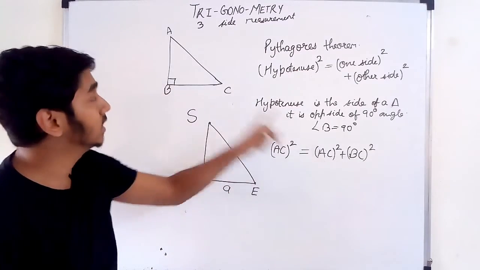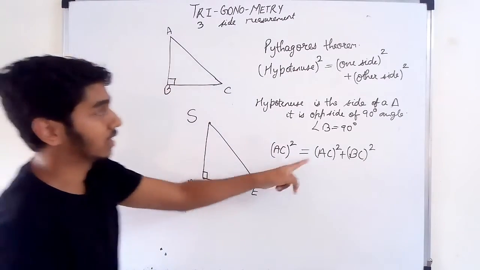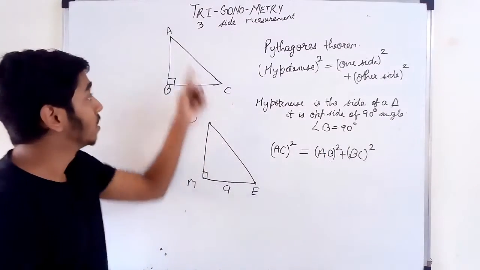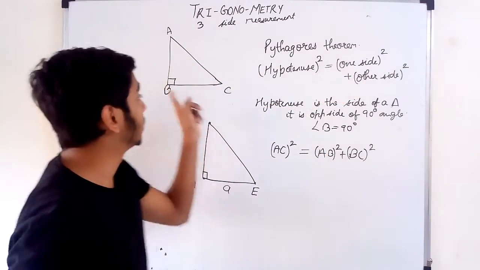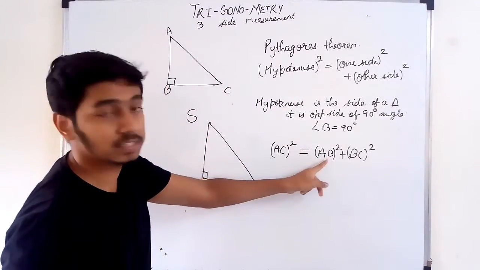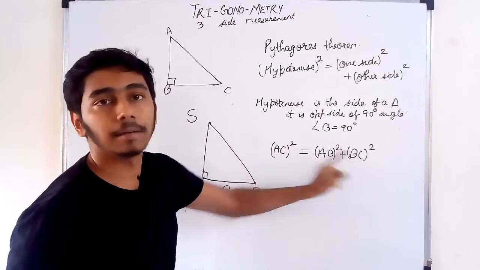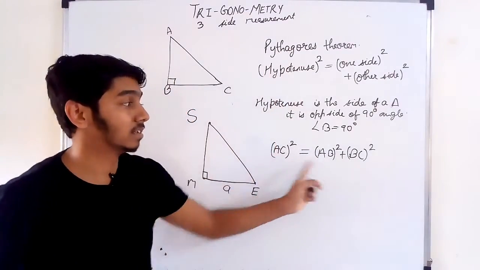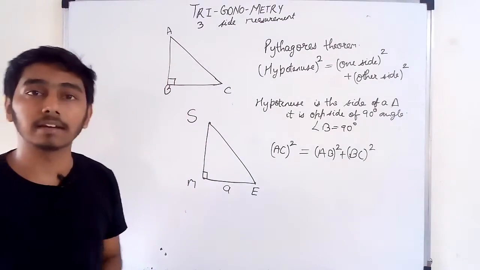So if AB is the first side, then BC will be the other side. Or you can take BC as the first side, then AB as the other side. Doesn't matter much. So this is what Pythagoras theorem is in terms of this triangle.